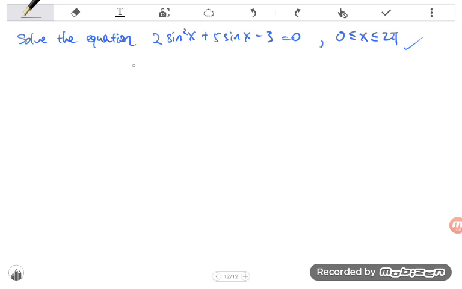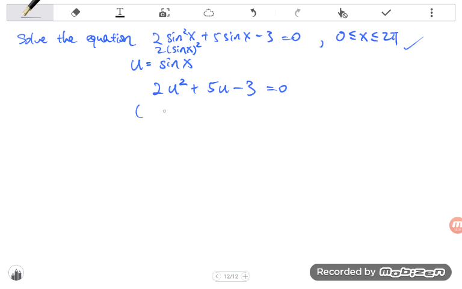Let's say u is equal to sine x. I'm going to use u to represent sine x, and let's see what happens. So 2 sine squared means the same thing as 2 times sine x squared. So that becomes 2 times u squared, right? Plus 5 times u minus 3 is equal to 0.